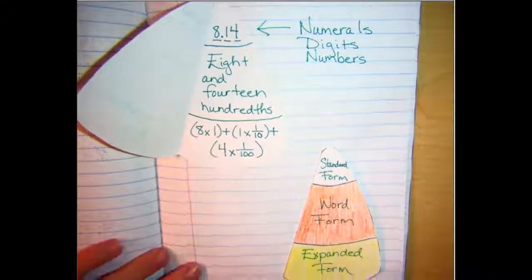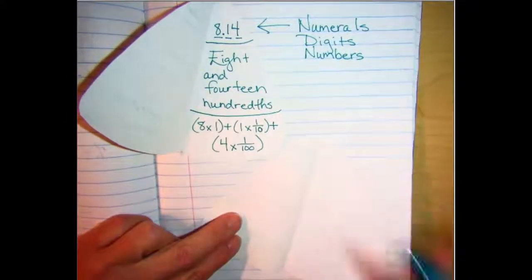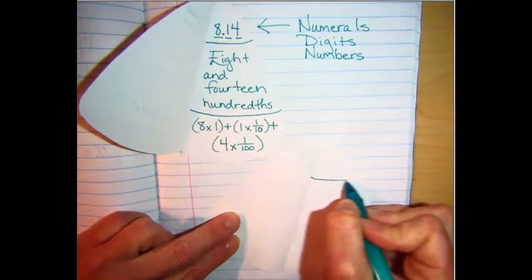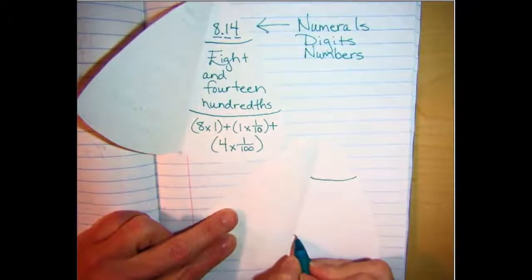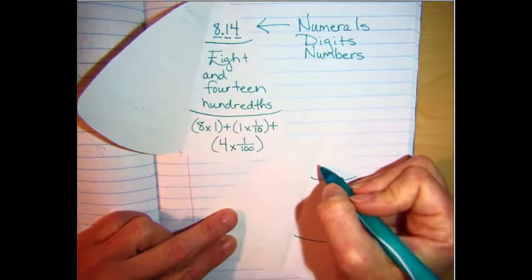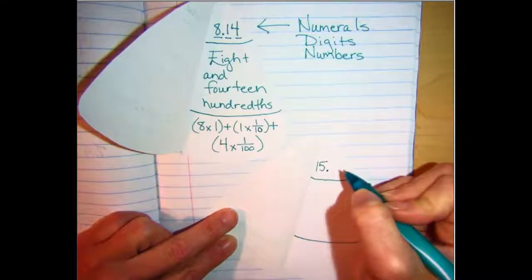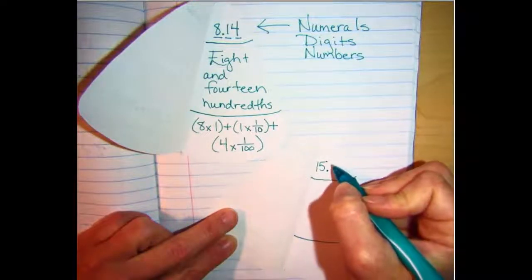So now we're going to do another decimal number, but this time I'm going to take it out to the thousandths place. If you didn't get that all copied down, I promise I'll let you catch up in a second. So this time I'm going to take it out to the thousandths place. Let's say I've got this number here.